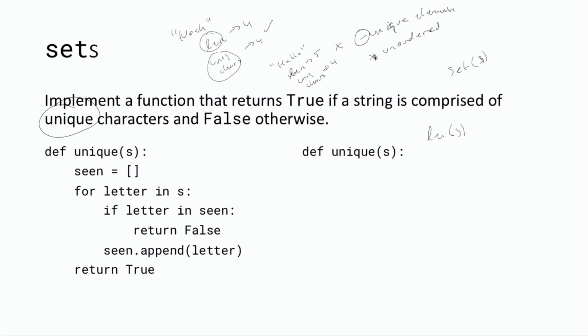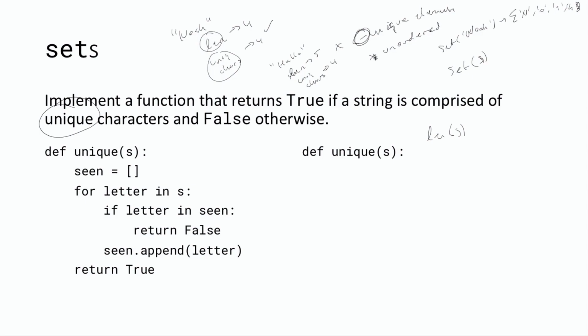But the idea is, if you do set of s, it will generate a set that contains all of the unique characters. For example, if you do set of Noah, it will give you a set that contains N, O, A, H, right? But if you do set of hello, it would just be H-E-L-O. There wouldn't be the double L because, as we said, sets contain unique elements, right?